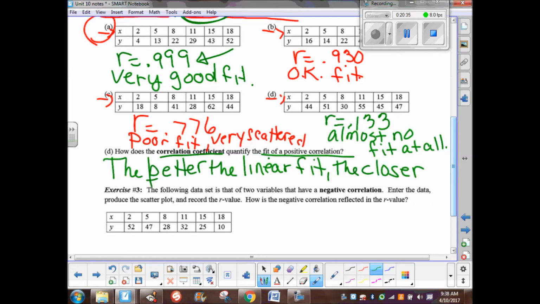Closer to +1, because this one was about a positive correlation. Well, what about as it gets further away from 1? The poorer the linear fit, the closer the value is to what number? 0.